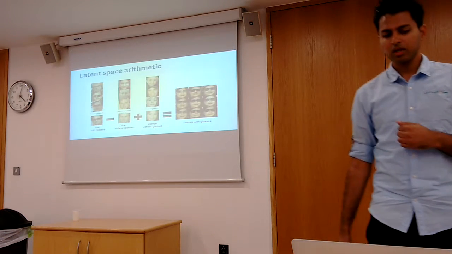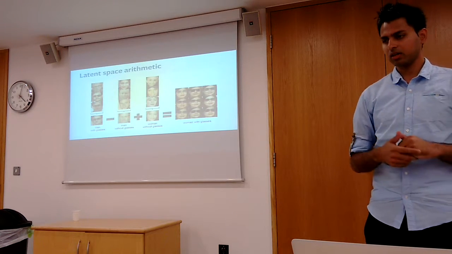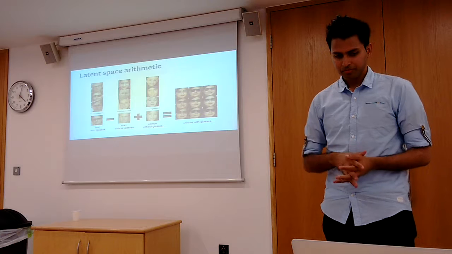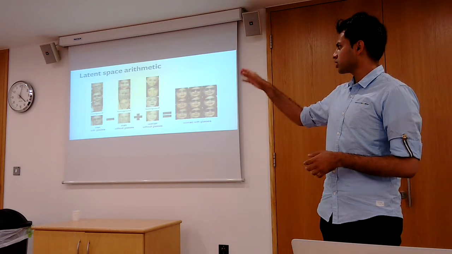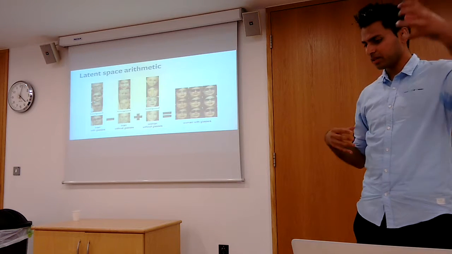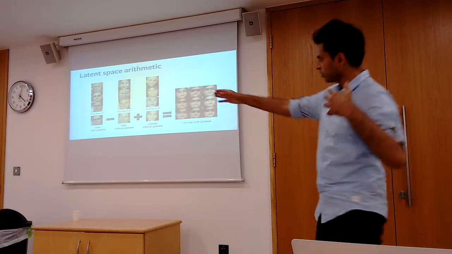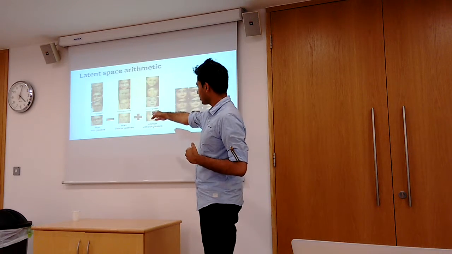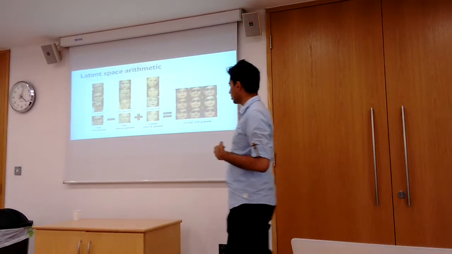As an example, we built a face generator, and we took samples from the latent space with specific semantic properties and did arithmetic on them. Basically, take the z noise vector of the first sample, subtract the z vector of the second sample, and then add the z vector of the third sample.